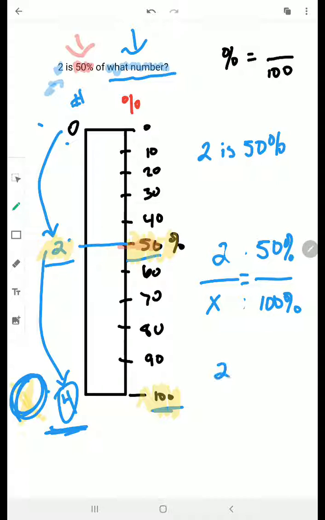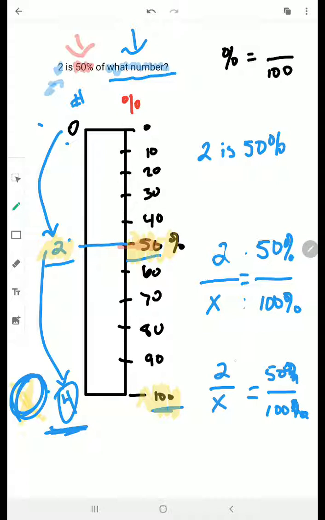We've got 2 is to some number as 50% is to 100%. And say, okay, this is just a cross multiplying problem. By the way, with the percents on the top and the bottom on the right side, those cancel each other out so that we can just write 2 over x equals 50 over 100.